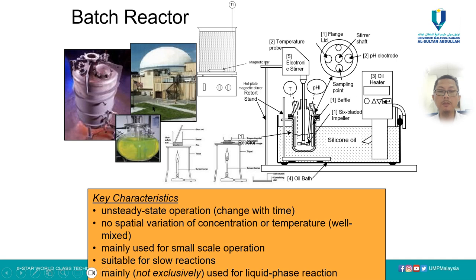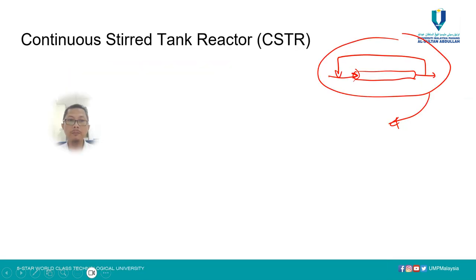Many batch reactors are used for liquid phase reaction, probably very few for gas phase reaction. One example of the gas phase reaction is combustion engine. So the explosion of complex oxidation occurs in a particular time, so it is considered as batch reactor.